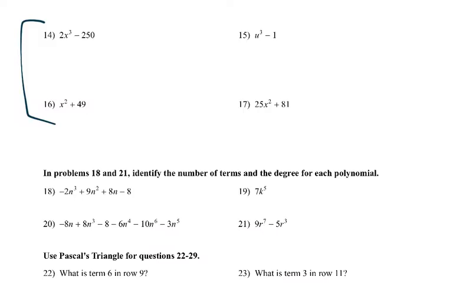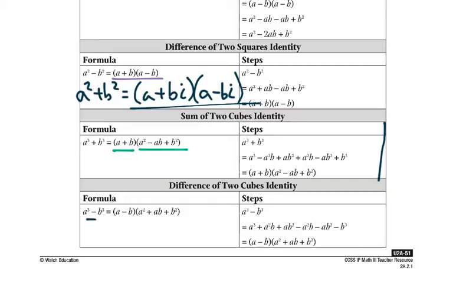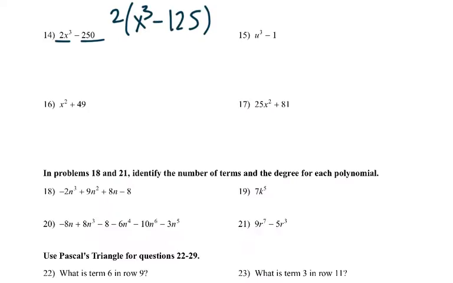Alright, now looking at the rest, this is another one. We're going to have to divide both of these by 2, so it becomes 2 times x cubed minus 125. So now we've got the subtraction. Same idea, you start with subtraction and add. So x cubed minus 125 is really 5 cubed.